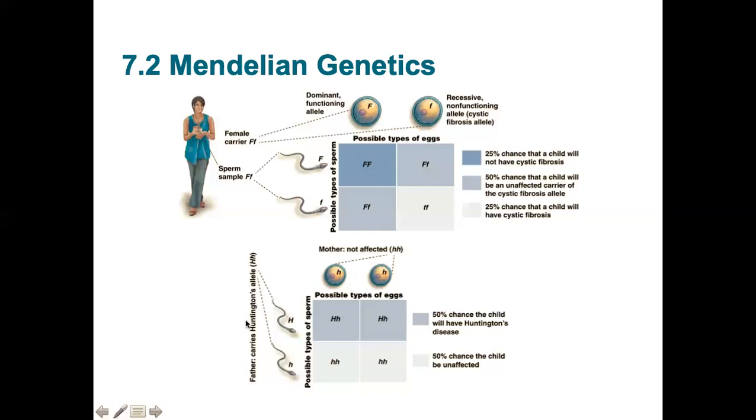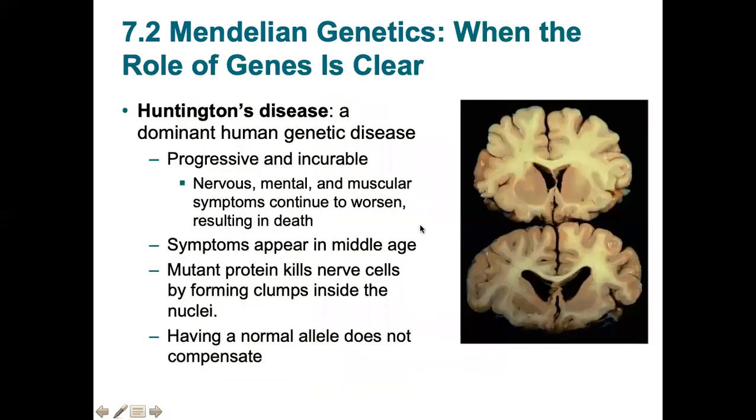So Huntington's disease is dominant. And so if the father has Huntington's disease and is heterozygous, and he's crossed with a mother who's unaffected, 50% of the children will be unaffected, but 50% of them will be affected. Yeah, here's a bit about Huntington's disease. I think maybe I put those slides in opposite order.